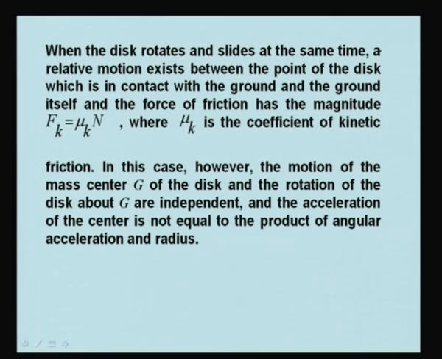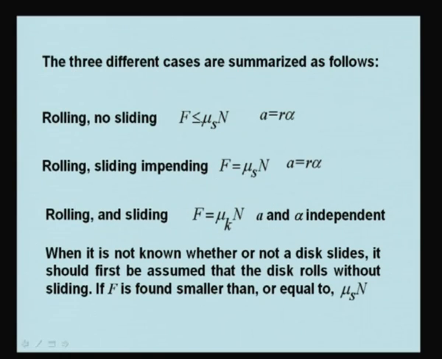In this case, however, the motion of the mass center G of the disc and the rotation of the disc about G are independent. You don't have a formula like V equal to omega R. These things cannot be done, and similarly the mass center acceleration cannot be said to be alpha times R. F will be less than or equal to mu s times N. Either it will be less than mu s times N, or at most equal, because mu s times N is the limiting value and mu s is the coefficient of static friction.